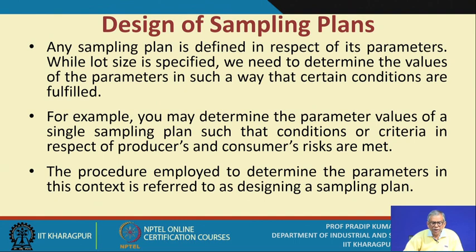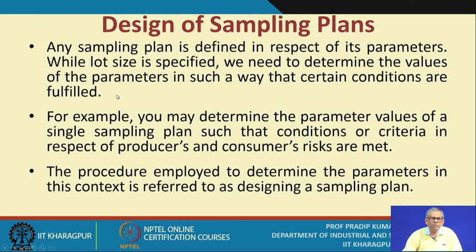Any sampling plan is defined in respect of its parameters, as we have already pointed out. While the lot size capital N is pre-specified, whether it is 2000 or 5000 or 10,000, we need to determine the values of the parameters in such a way that certain conditions are fulfilled.